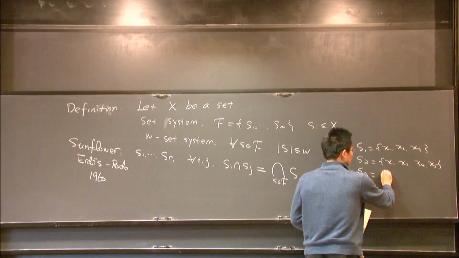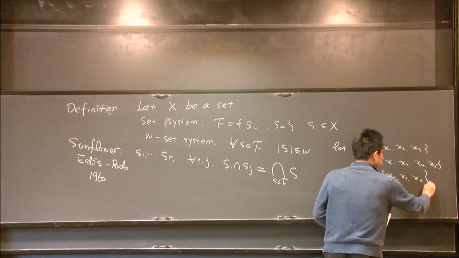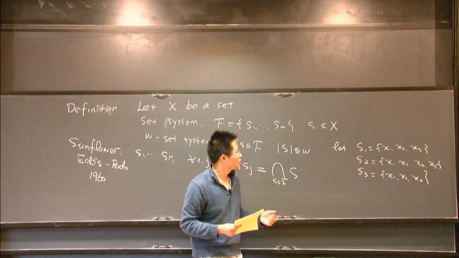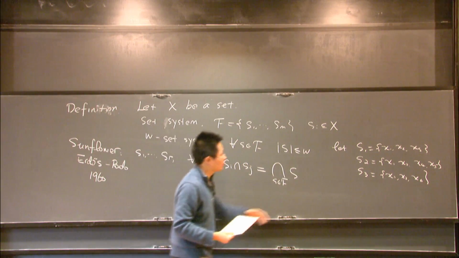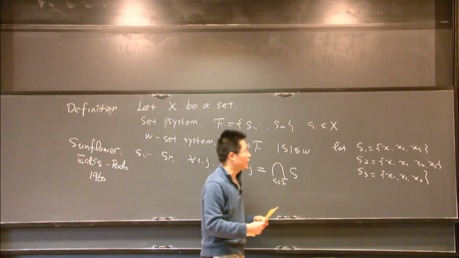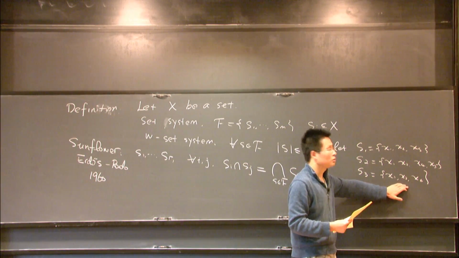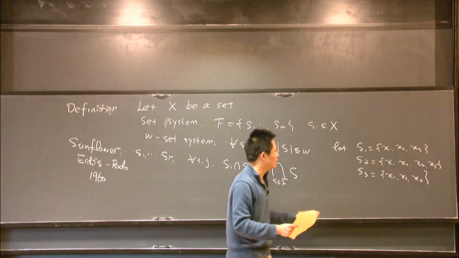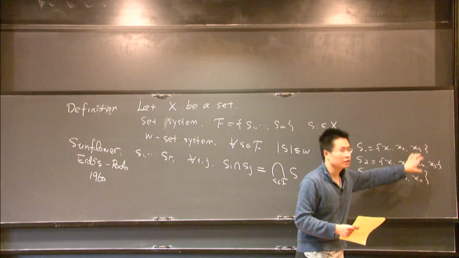S3 is x1, x2, x6. Now at first, this is a four-set system because the largest set is S2, which contains 4 elements. And this is also a sunflower because x1 and x2 are common elements in every set, and by removing this part, the remaining parts are disjoint sets.